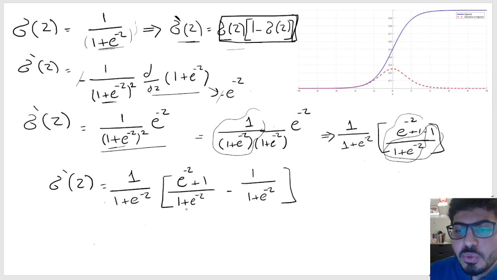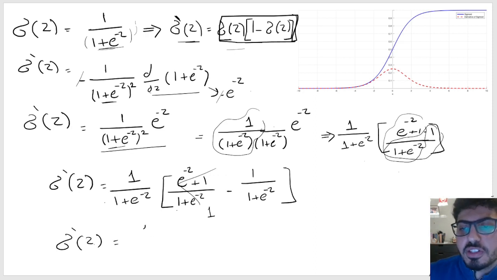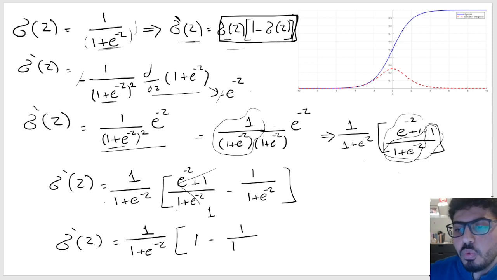Okay, as you notice, 1 plus e to the negative z and 1 plus e to the negative z will simplify to just 1. So the final gradient of the sigmoid function is 1 over 1 plus e to the negative z multiplied by 1 minus 1 over 1 plus e to the negative z.